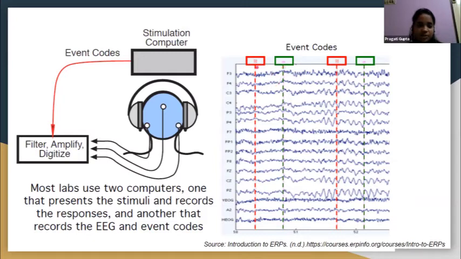This is how we analyze, and this is like a recording room situation: the participant sits with the computer, gets the stimulus, presses a button, and we see these markers in the continuous EEG.